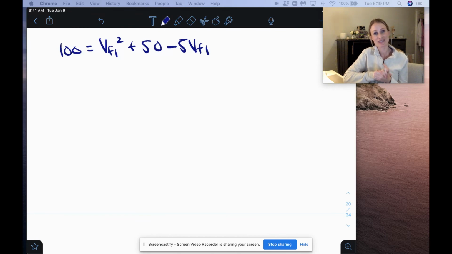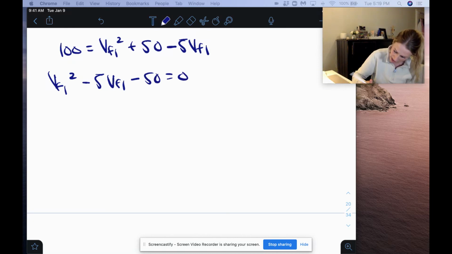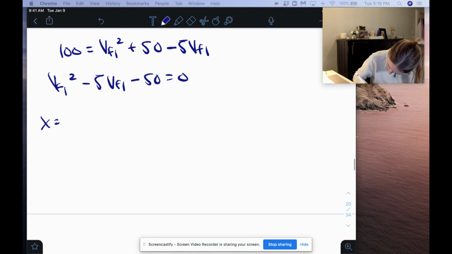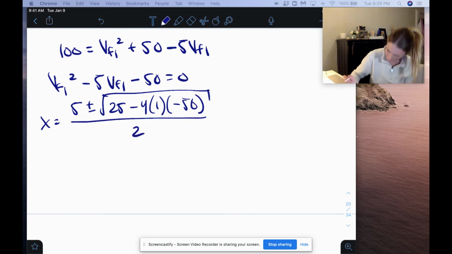Now this is starting to look a little bit more manageable, right? Because we're going to get a quadratic here. So we get v final 1 squared minus 5 v final 1, and then I'm subtracting 100 from both sides, so minus 50 equals 0. Then doing the quadratic formula the old school way, x equals negative b plus or minus square root of b squared minus 4ac, all over 2a.